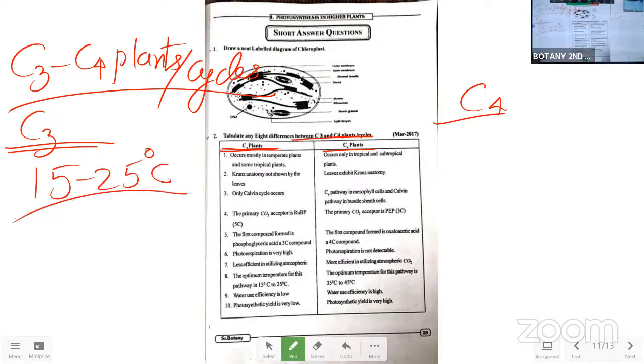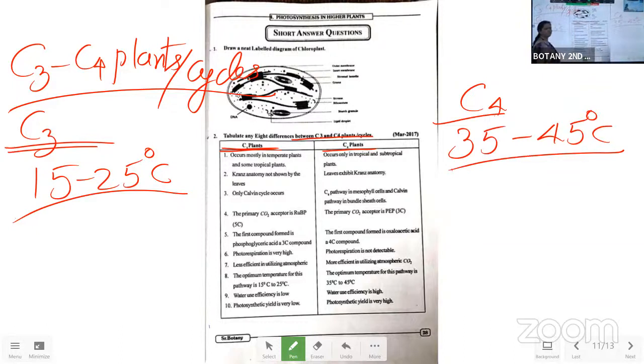But the C4 plants can tolerate high temperature in the tropical and subtropical zone, up to 45 degrees centigrade, 35 to 45 degrees centigrade. The cycle can occur between 35 to 45 degrees centigrade in C4, whereas in C3, less temperature, 15 to 25 degrees only.